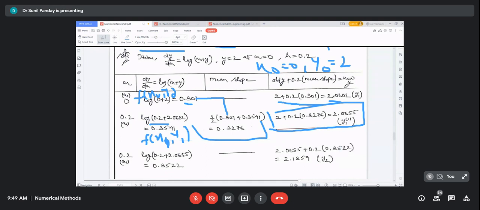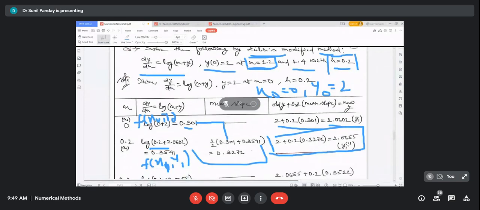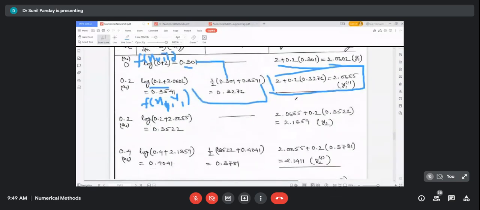So here they are matching to two decimal places, or we will stop here because it depends upon our criteria of updating the value of y1. So here we stop because we have to go till 1.2. If we go for 4 digit accuracy, it will take lots of time.